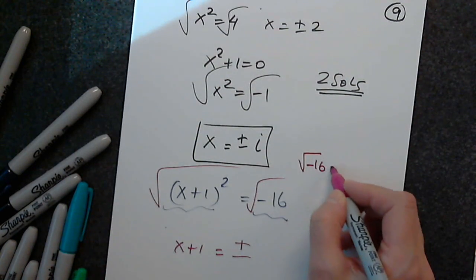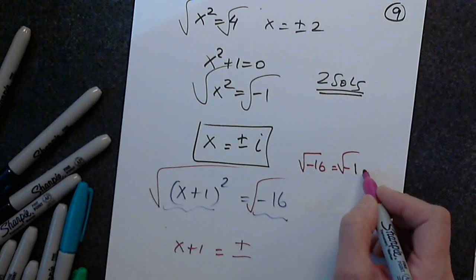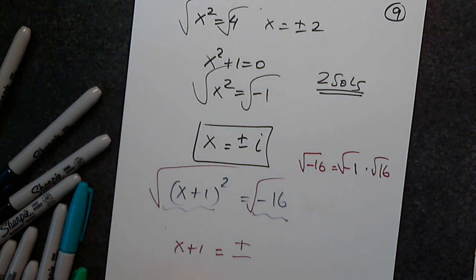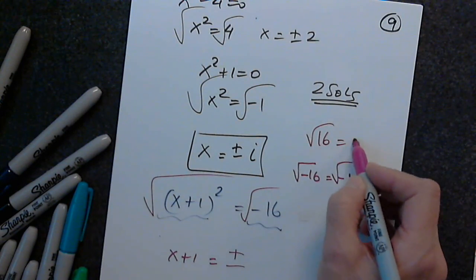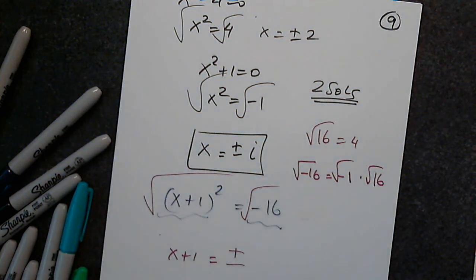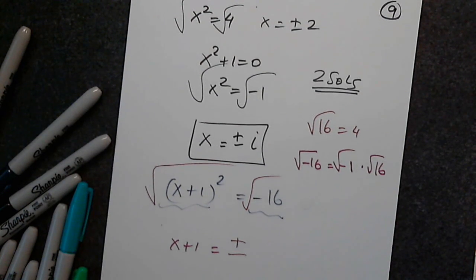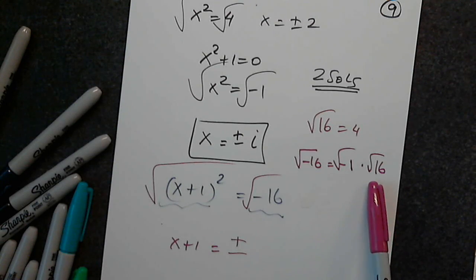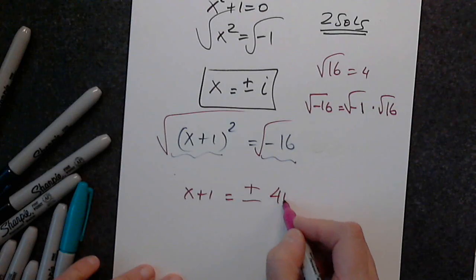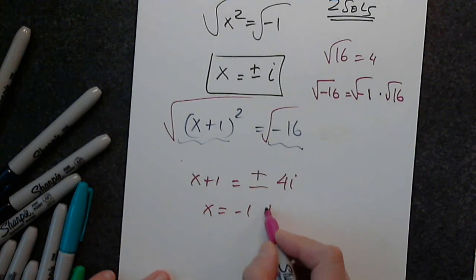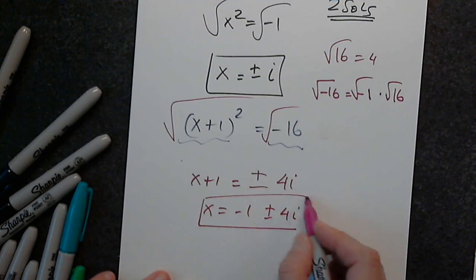The square root of negative 16 is the square root of negative 1 times the square root of 16. The square root of 16 is 4. The square root of negative 16 is not a real number. So what is the answer? Very good. 4i. Excellent. So then x equals negative 1 plus or minus 4i. That's it.